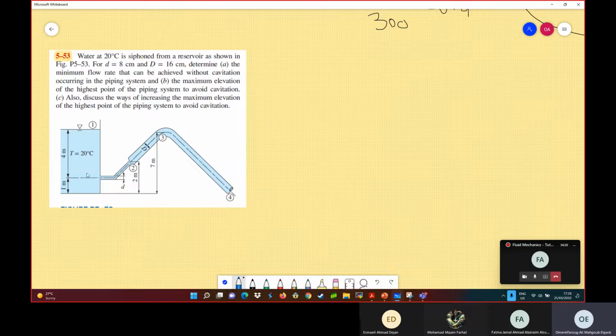This is the reservoir, and we are sucking some water, and we want to supply it to a certain region. For d equal to 8 centimeters, this is the diameter of this cross section, and D capital is equal to 16 centimeters, the diameter of the larger cross section. Determine the minimum flow rate that can be achieved without cavitation occurring in the piping system.